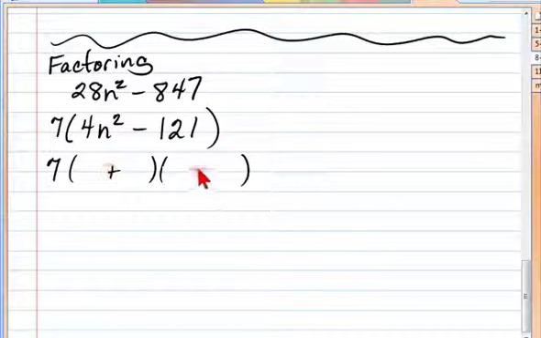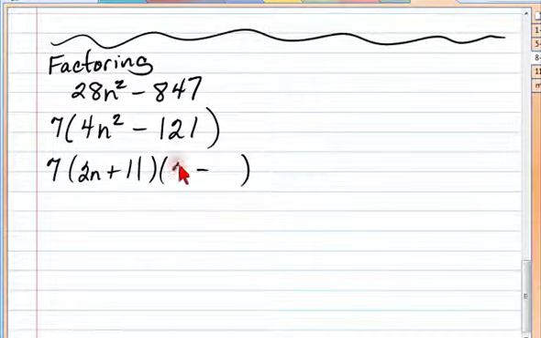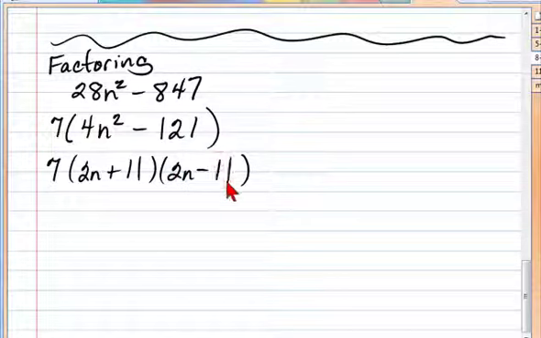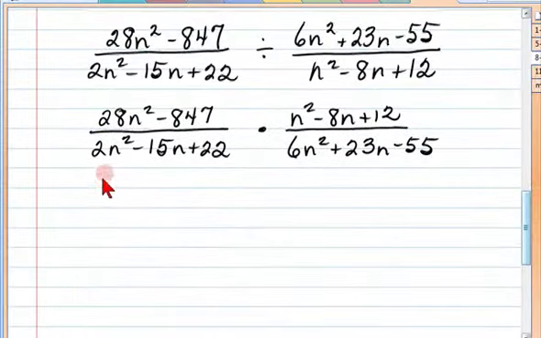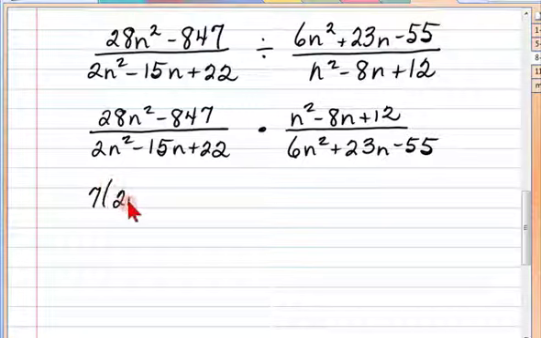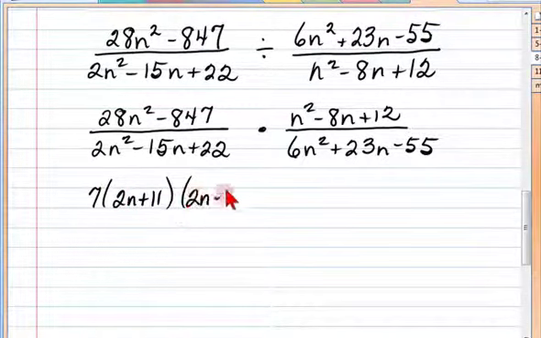One sum, one minus. That gives me 2n plus 11 and 2n minus 11. That was all to factor the first numerator. Back to my problem. So I have 7 parentheses 2n plus 11 times 2n minus 11.